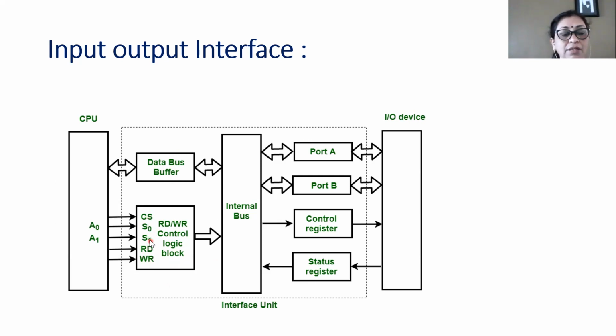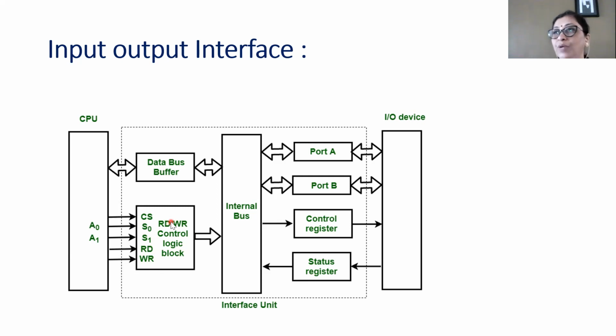So chip select signal, S0, S1 is a select signal, RD signal is read signal, WR signal is a write signal. It is going to indicate which kind of operation this is, whether it is read operation or whether it is write operation. And all these operations are interpreted with respect to CPU.